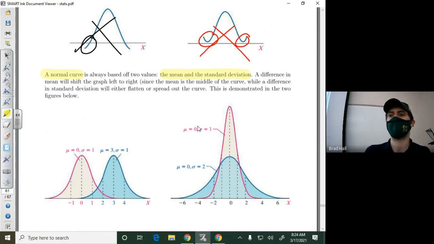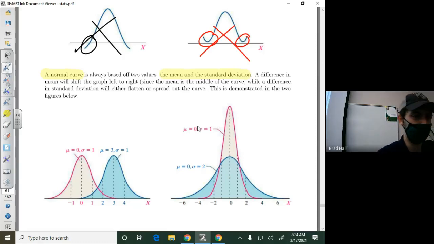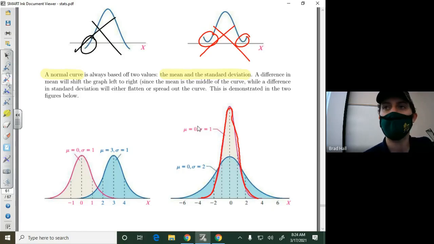Now, if you have a different standard deviation, when we defined standard deviation, conceptually what we discussed was the standard deviation represents how much the data spreads. If you have a large standard deviation, the data is going to spread a lot. If you have a small standard deviation, it's going to stay really close to the mean. So on that rightmost diagram in the notes, this red one right here has a much smaller standard deviation.